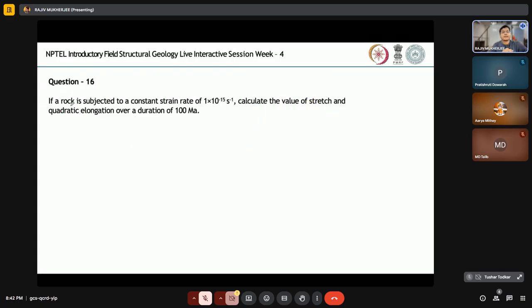Now moving on to the next question, it is quite easy. If a rock is subjected to a constant strain rate of 1 into 10 to the minus 15 per second, calculate the value of stretch and quadratic elongation over a duration of 100 million years. It is just a simple calculation. You are given the strain rate, which is the time derivative of the strain. Therefore the total amount of strain is the integral of strain rate over time, which is basically strain rate times the time.